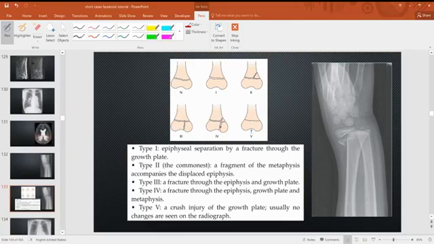Type 4 is a fracture above and below, in the metaphysis and the epiphysis, and type 5 is a crush injury. So this is a classic type 2 Salter-Harris injury, epiphysis displaced with metaphyseal fracture. Okay, very good.